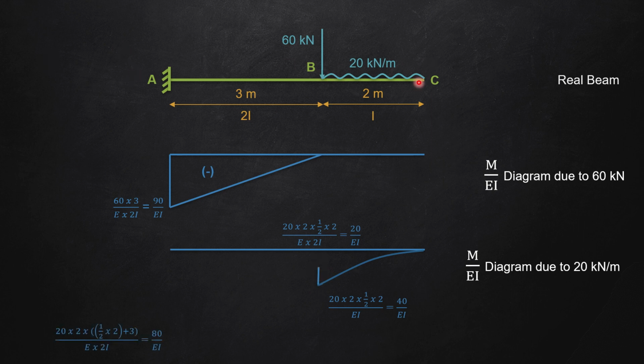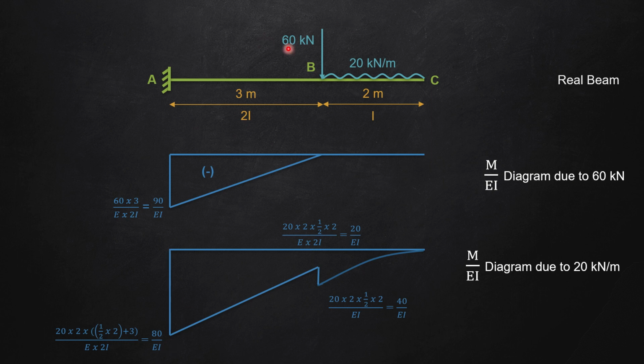Now if I consider A, what will it be? It will be 20 multiplied by 2 multiplied by half of 2 plus 3, that means the CG of this load from A. So that will be half of 2 plus 3, and divided by, obviously, E multiplied by 2I, and if you do that it comes out to be 80 divided by EI, and I can join this by a straight line and finish the diagram.